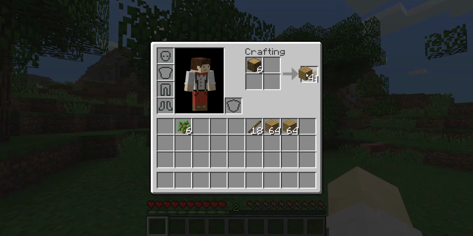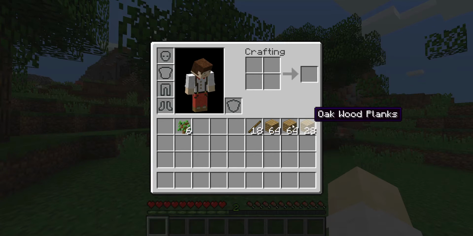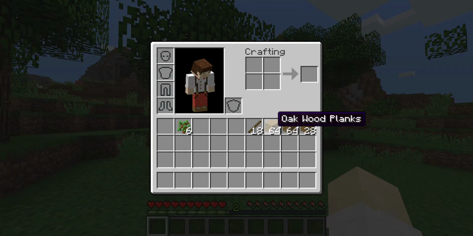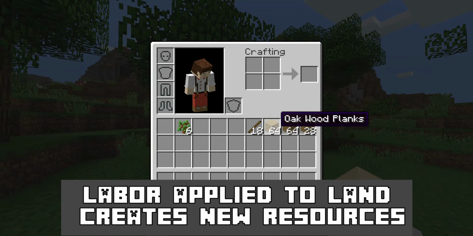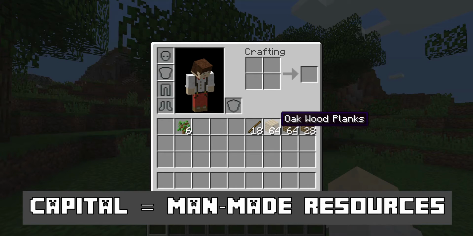Okay, it's still wood, but I can do different things with the oak wood planks that I couldn't do with just the oak wood. And the same thing with these sticks. I can do different things with these sticks that I can't do with the oak wood planks. So by applying my labor to this raw natural resource, I'm able to actually change the nature of the resource. I am able to turn it into what we would call a capital resource.